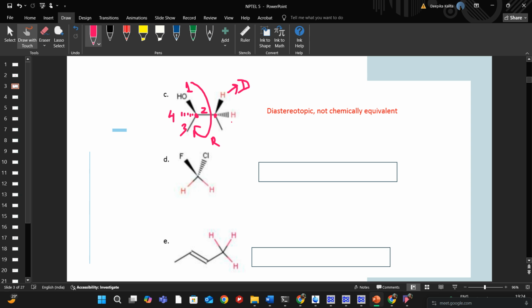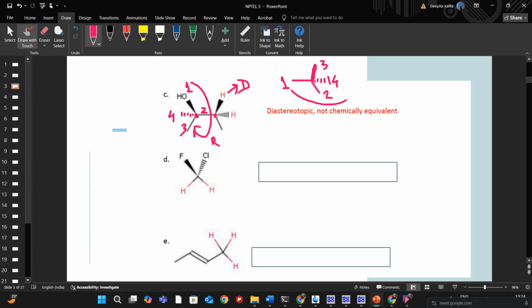So in this case, now we have first priority group in this way, second priority group in this way, and out of the protons we have replaced one by deuterium. So this will be third priority, and below the plane one will be fourth priority.